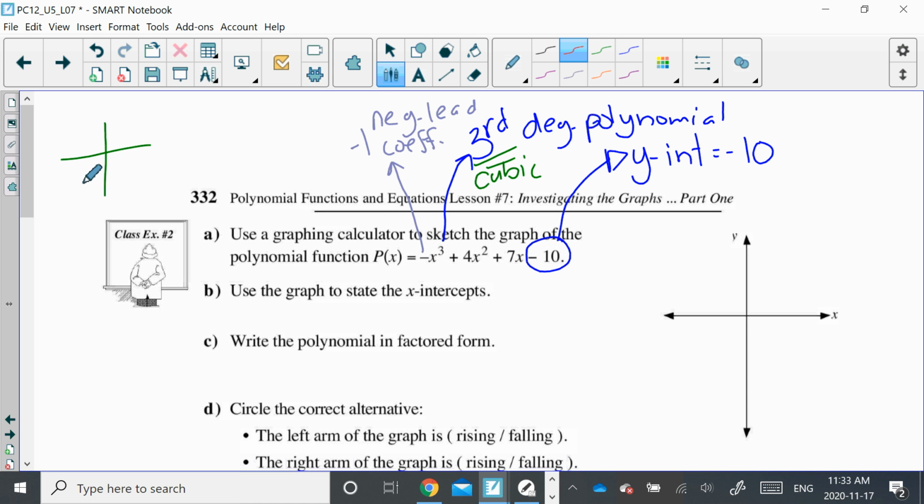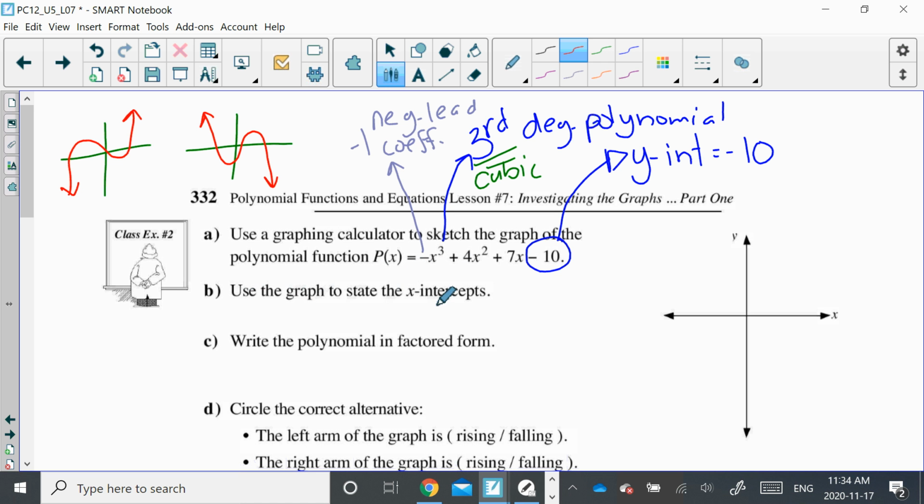So the one we did on the last page, they look something like this. And then this graph, it's going to have a negative leading coefficient. It is going to look more like this. Okay, so that's going to be the next lesson where we'll discuss that. But just know for now that this is a negative leading coefficient.